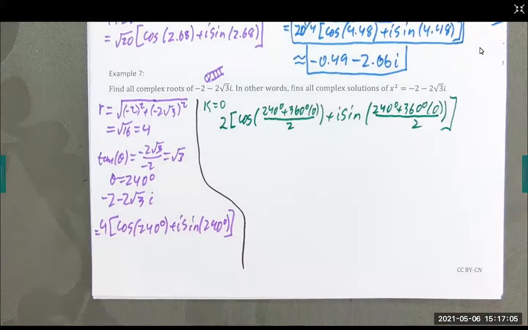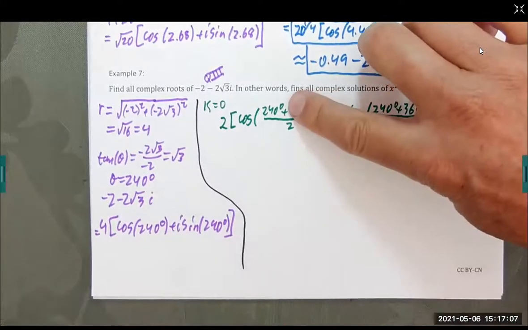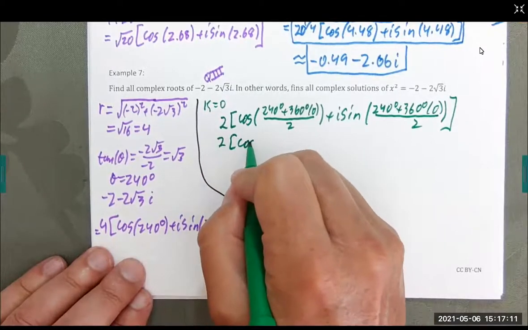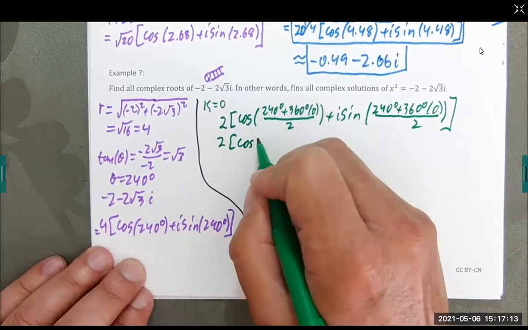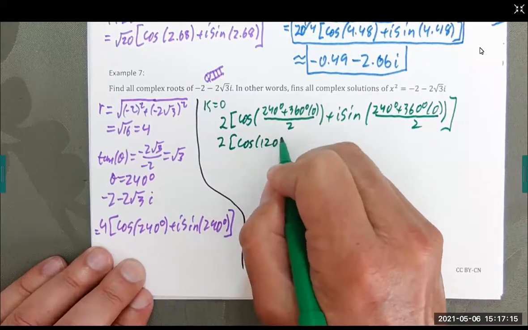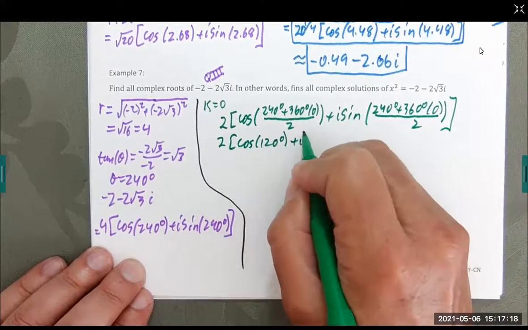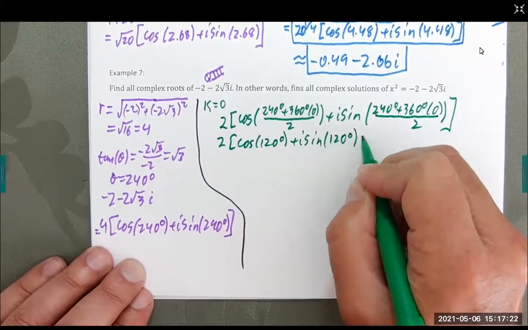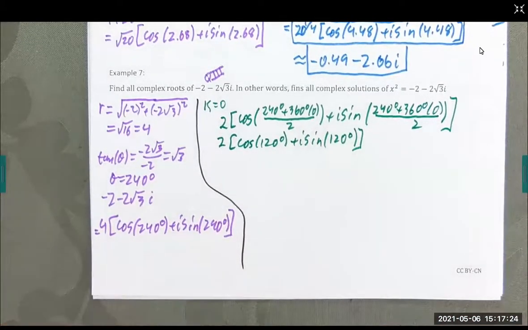And that very nicely goes away. So that becomes 2 cosine half of 240 is 120 plus I sine of 120 degrees. That's the polar form.